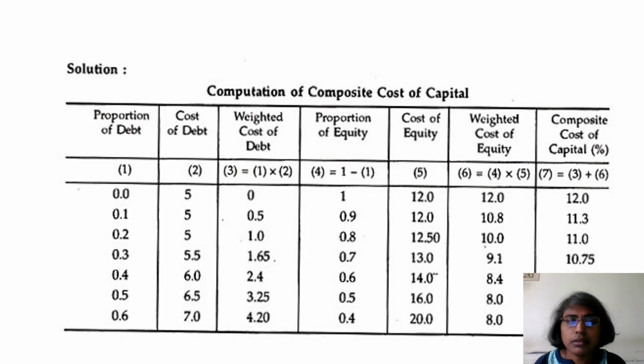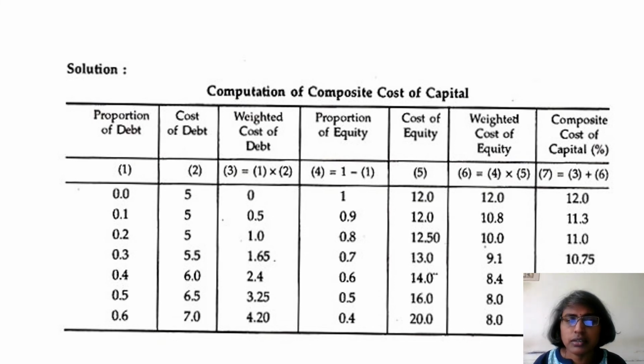What this means is they are using 0% debt, then 10% debt, 20%, 30%, 40%, 50% as well as 60% debt. Proportion means the weightage of each combination of debt under different categories, 0, 10, 20 like that.